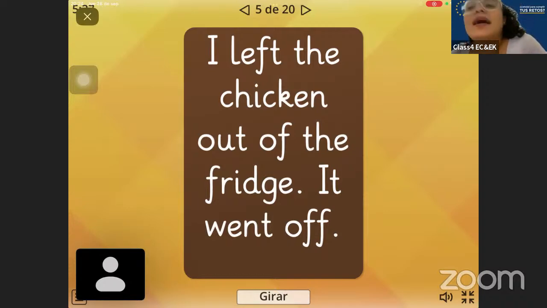If I hadn't left the chicken out of the fridge, what? If I hadn't left the chicken out of the fridge. Si no hubiese dejado el pollo afuera. If I hadn't left the chicken out of the fridge, what?